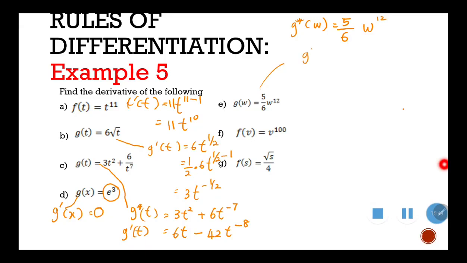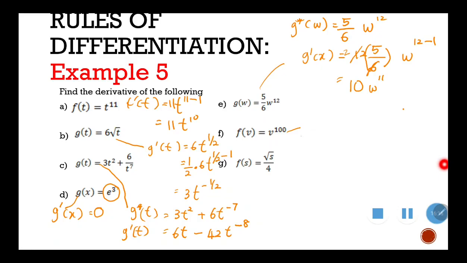Okay, this is the derivative. So put 12 at the front, 12 minus 1. And then you will get here 10W to the power of 11. Okay, this one is really easy.